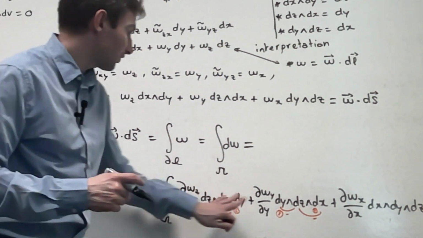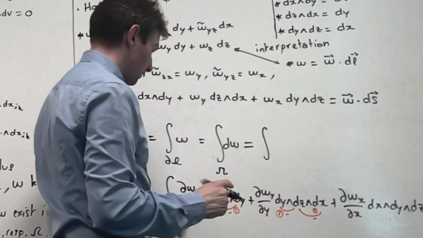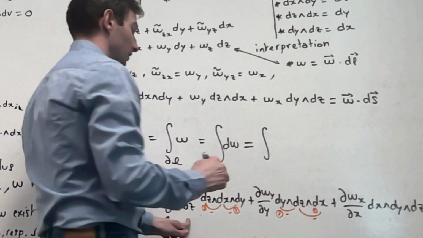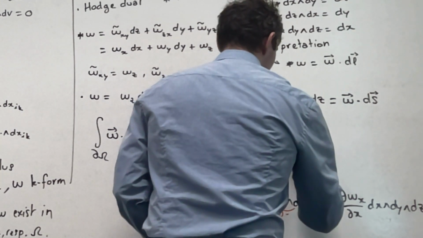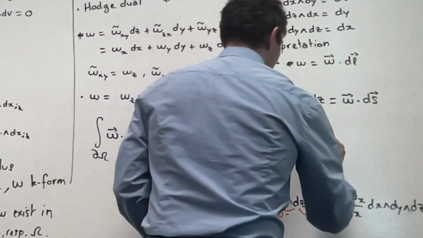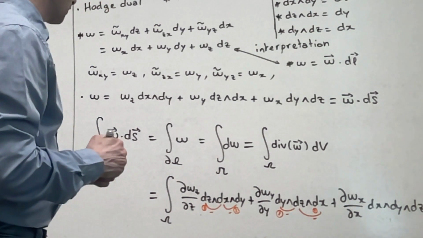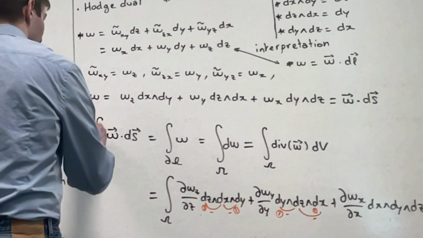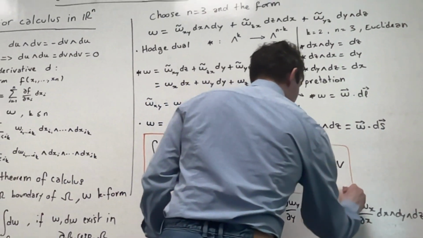I can put that all together, and you probably notice that if I factorize by this volume form, I'm getting the divergence of the vector field omega over omega, and then dv, where dv is the volume form. Okay, and so this is the divergence theorem.